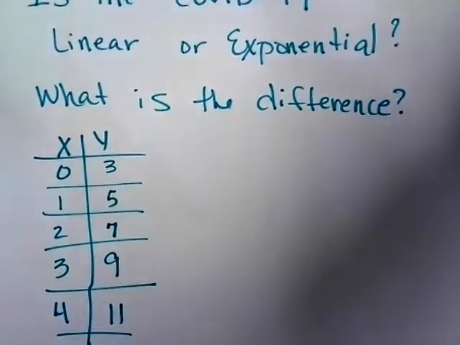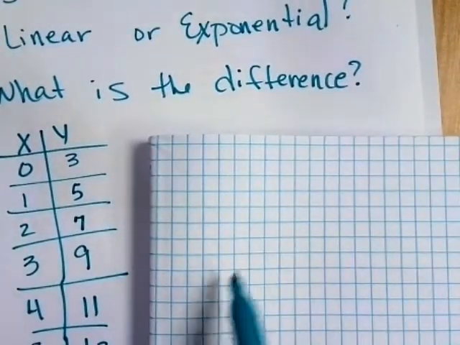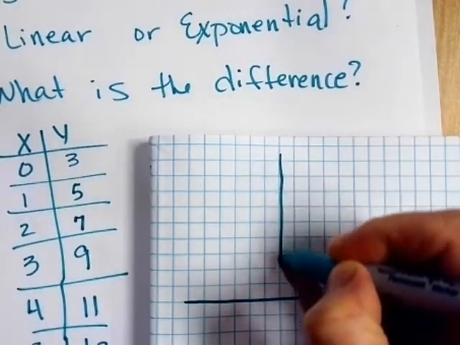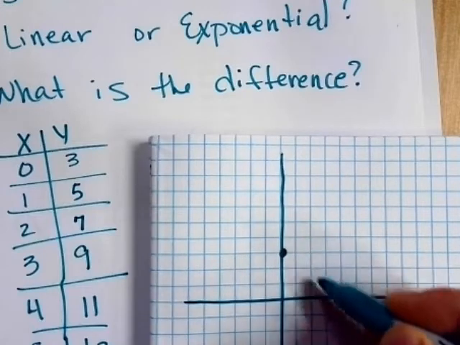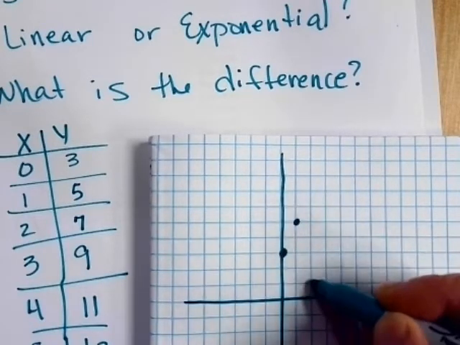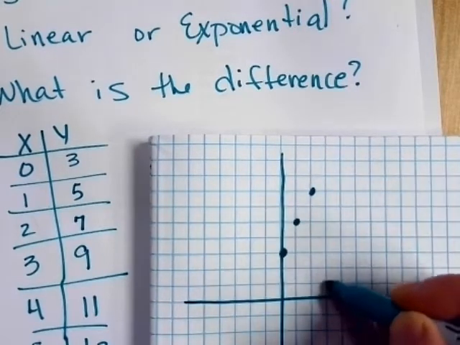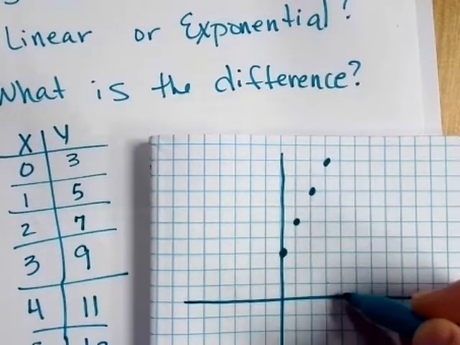If you graph a linear relationship, you get the points (0, 3), (1, 5), (2, 7), (3, 9), (4, 11).